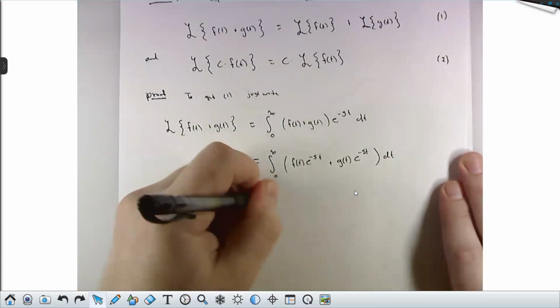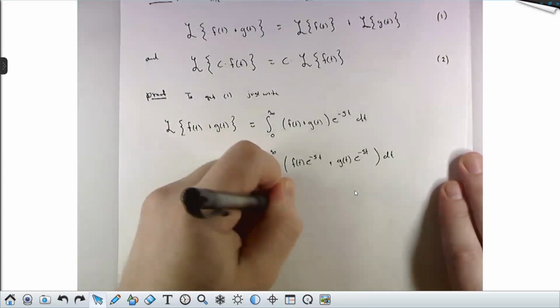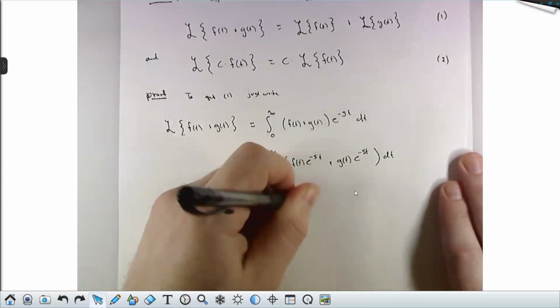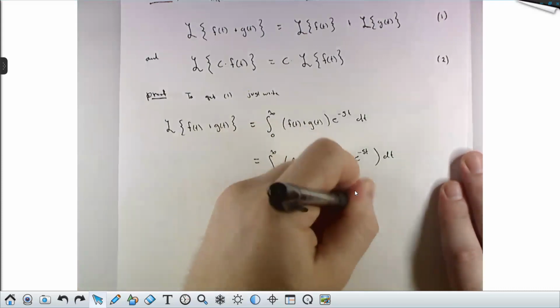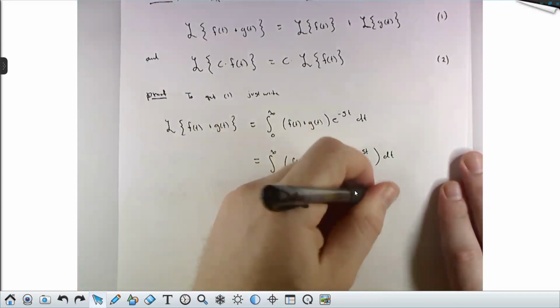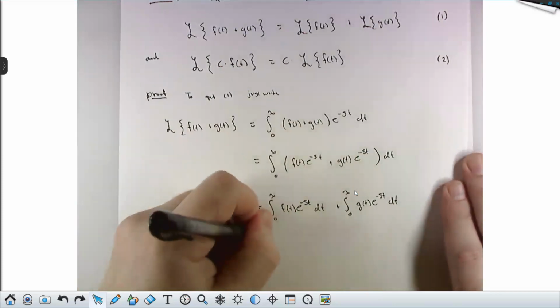And that is integral 0 to infinity f of t e to the negative st dt plus integral 0 to infinity g of t e to the negative st dt. And that's it, you're done.